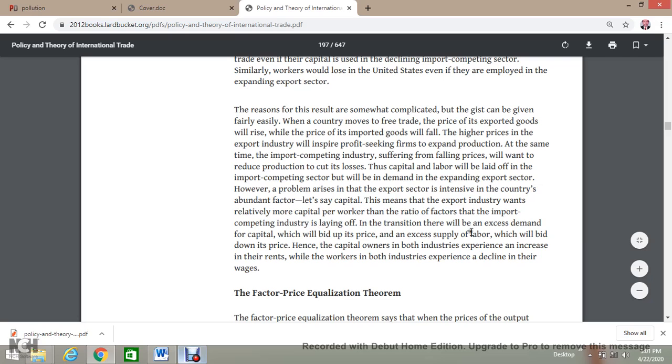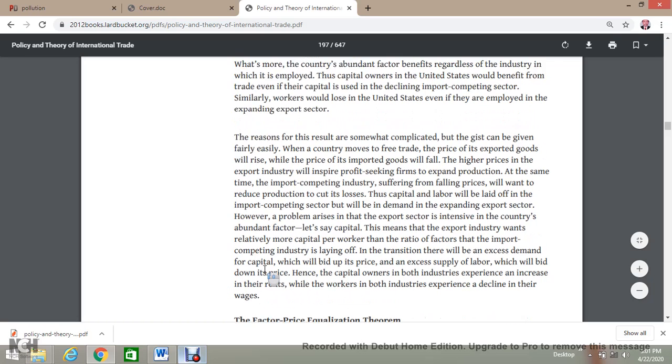In the transition, there will be an excess demand for capital which will bid up its price, and excess supply of labor which will bid down its price. Hence, the capital owners in both industries experience an increase in their rents, while the workers in both industries experience a decline in their wages.